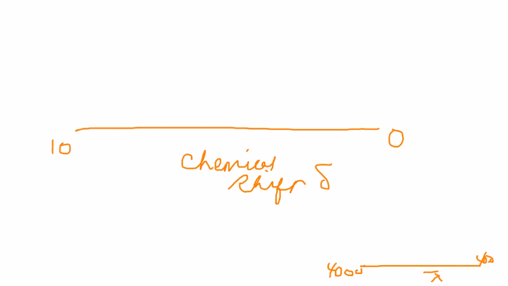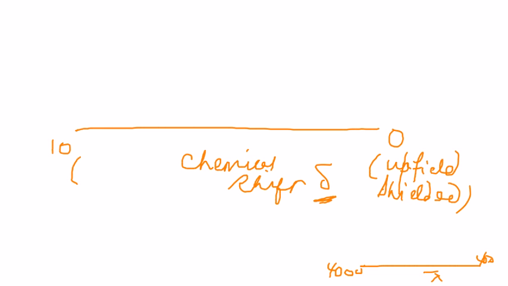Now, each time you have to refer to a value as to where it's showing up, you refer to it as a delta. The more a signal is on the right hand side, you will call it the upfield or the shielded zone. The more it is on the left hand side, you will call it the downfield or the de-shielded zone.